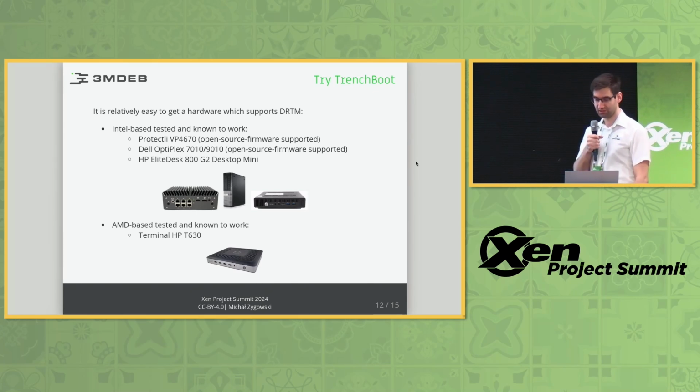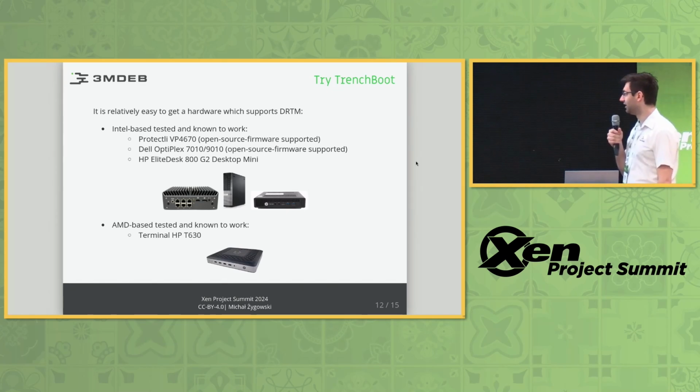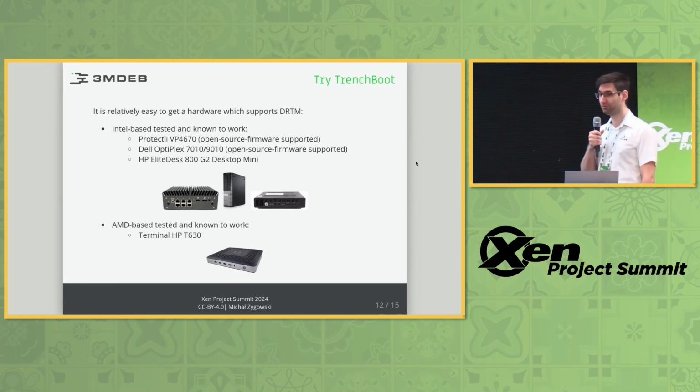Okay, and the hardware we tested it on and is known to work is presented on this slide. As I showed in the demo, it is a PC Engines apu... a Protectli VP4670. We also tested on a slightly older Dell OptiPlex 7010 and 9010, also with open source firmware coreboot.